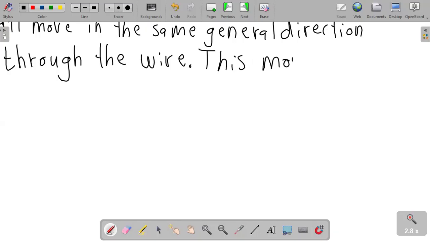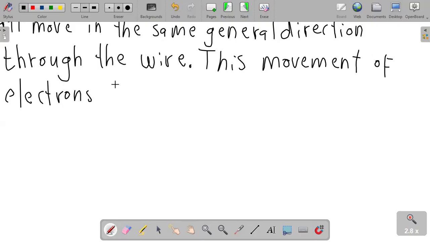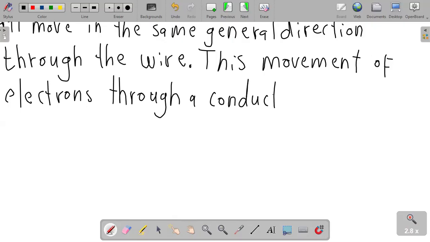This movement of electrons through a conductor is electric current.